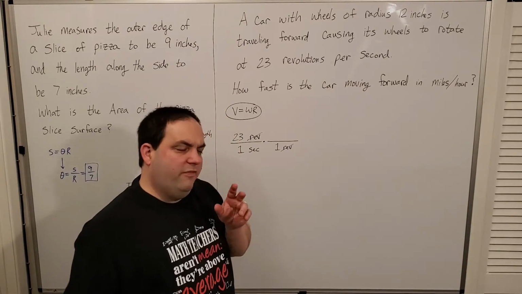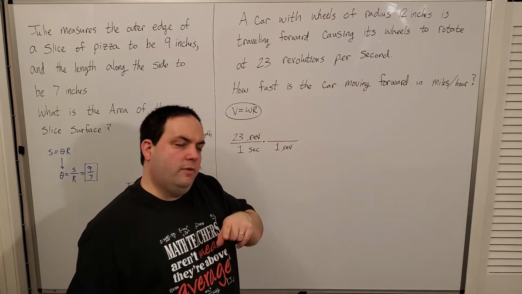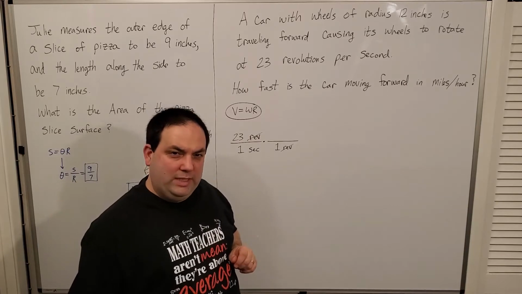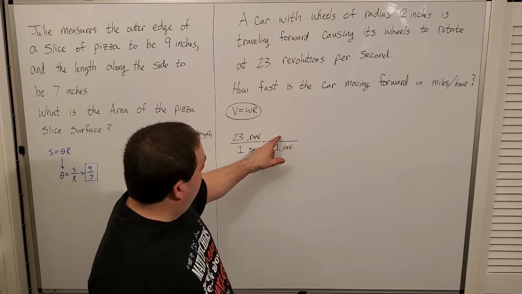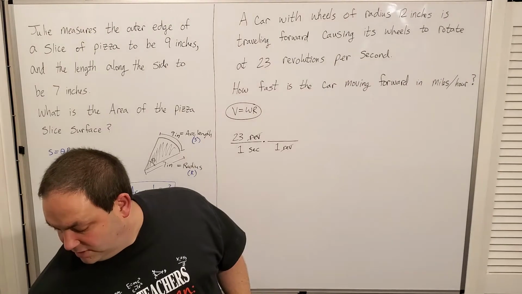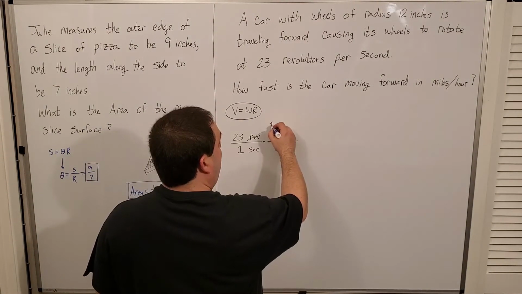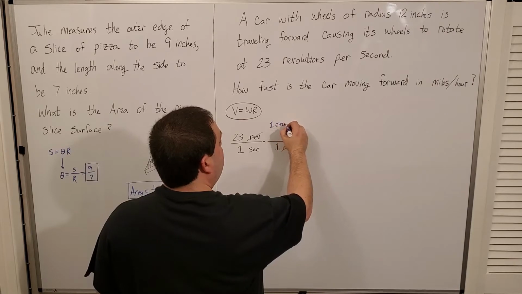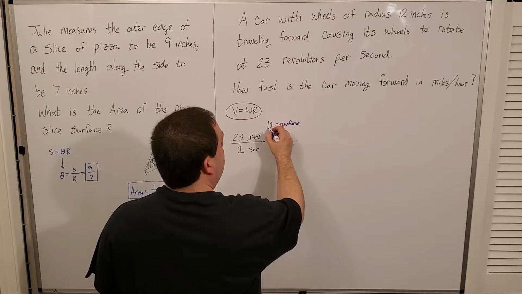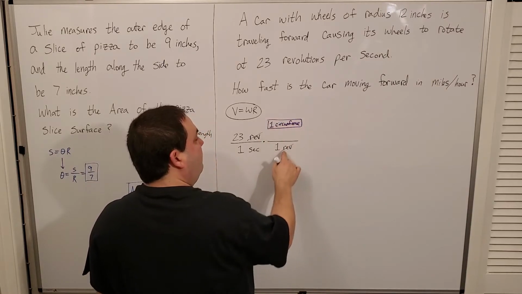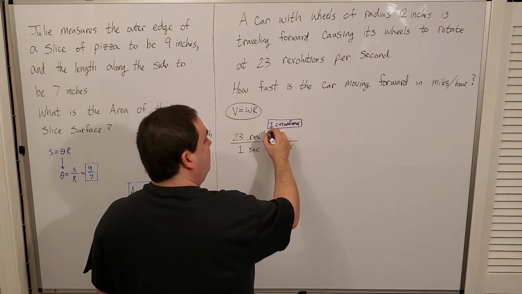Okay, well, if a wheel goes all the way around, that would be a circumference, wouldn't it? So up here, if I were to just say 1 revolution is equal to 1 circumference, right? 1 circumference is equal to 1 revolution.